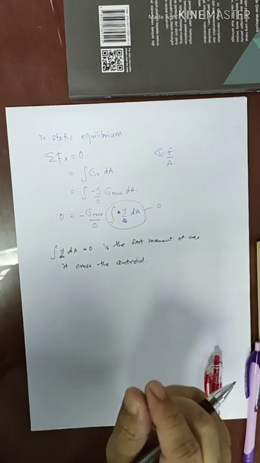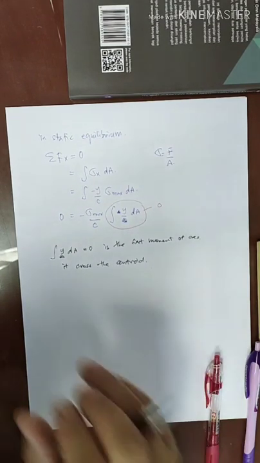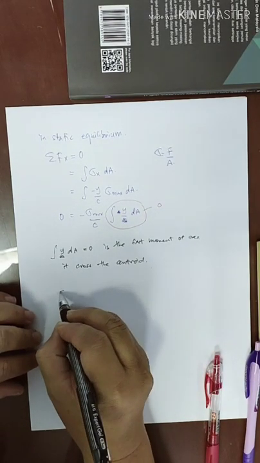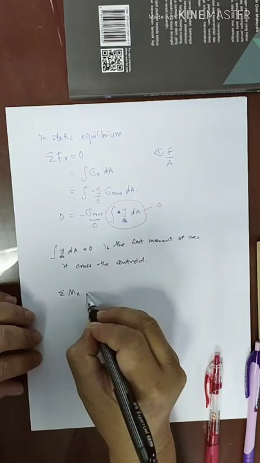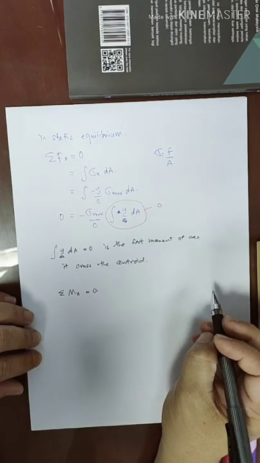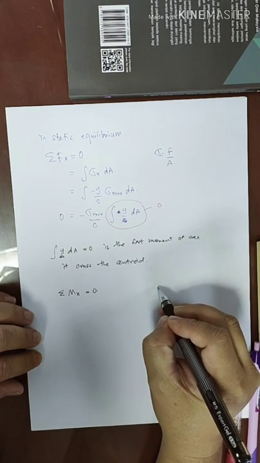Whereas for the moment equilibrium, we have another summation, Mx equal to 0. So what is M?